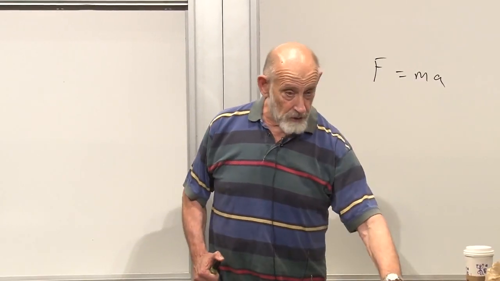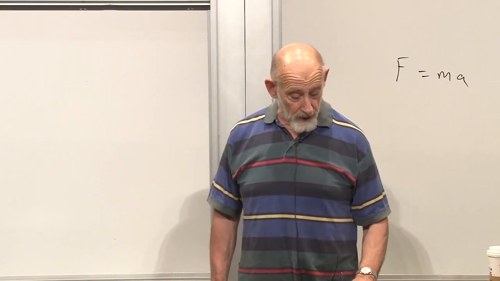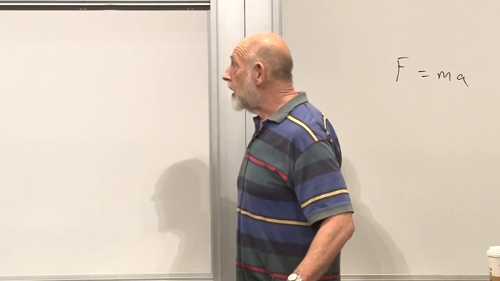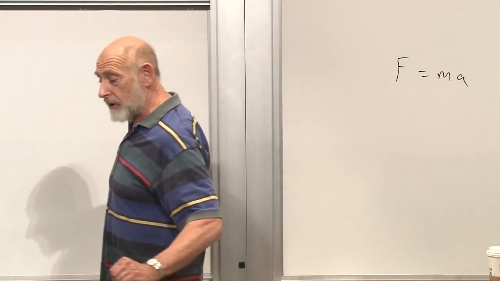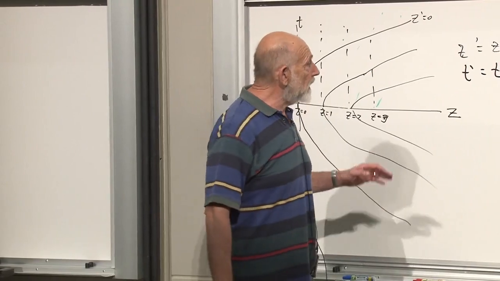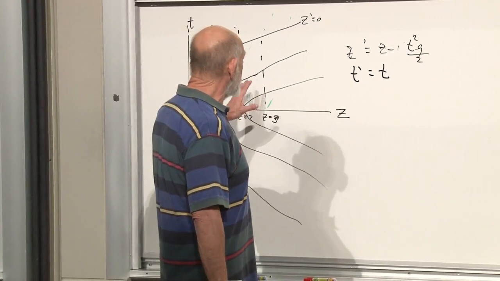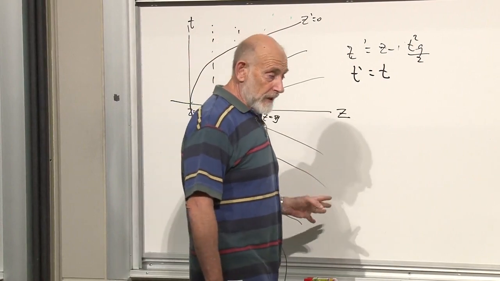Lorentz transformations are of that nature. They take straight lines in space-time to straight lines in space-time. But if we want to mock up gravitational fields through the effects of acceleration, we're really talking about transformations of the coordinates of space-time, which are curvilinear.